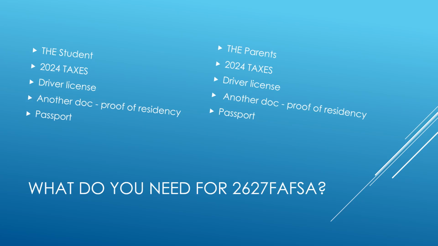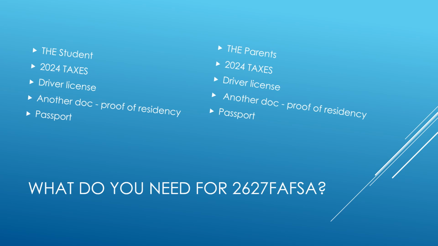Most of the time, what do you need? Let's use the example of the 26-27 FAFSA. The FAFSA is going to use the taxes from 2 years prior, so that's the 2024 taxes. If the student never worked and didn't file taxes that year, you're fine.